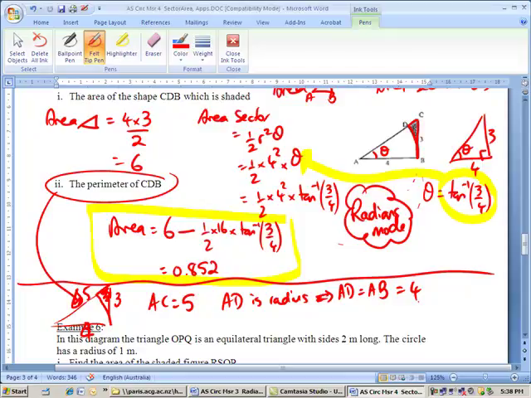So the perimeter of our little shaded shape is going to be the 3 from here, this will be a 1, the difference between the 5 and the 4, and the arc length.